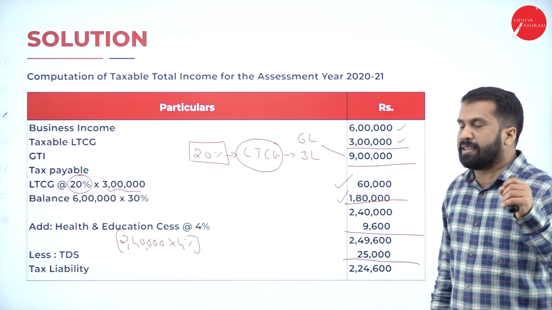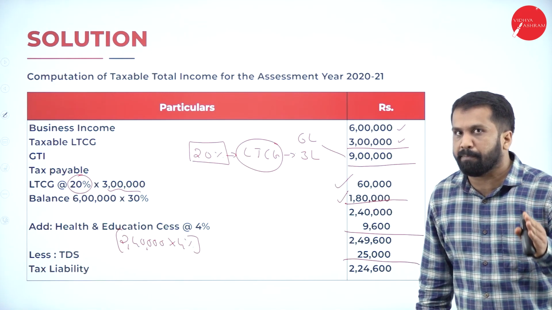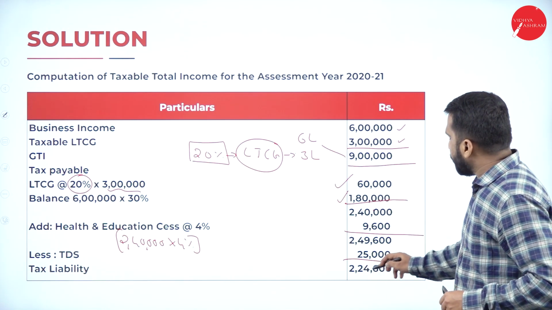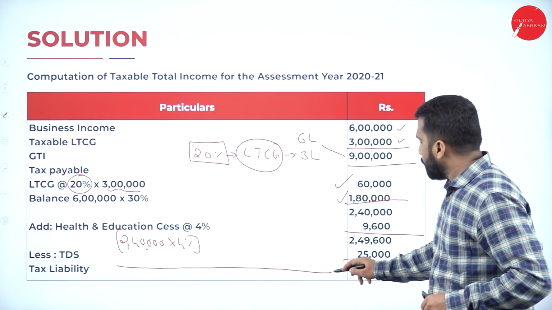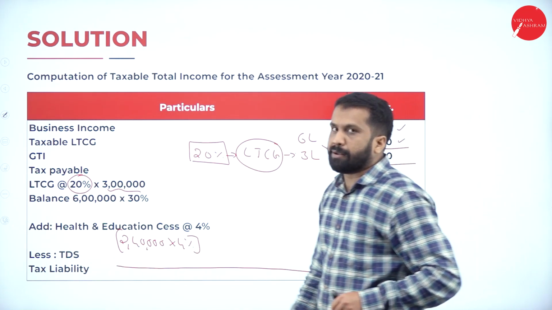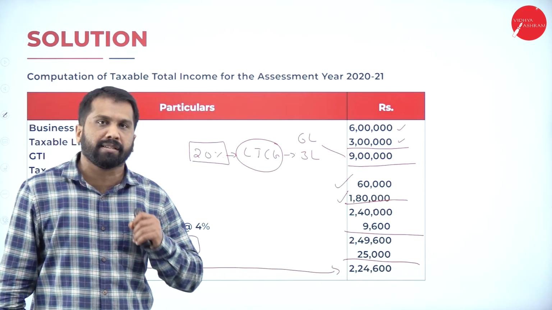Your answer is 2,24,600. Hope you are clear. Good. So 2,24,600 you got. That will be your tax liability. Hope you got it.